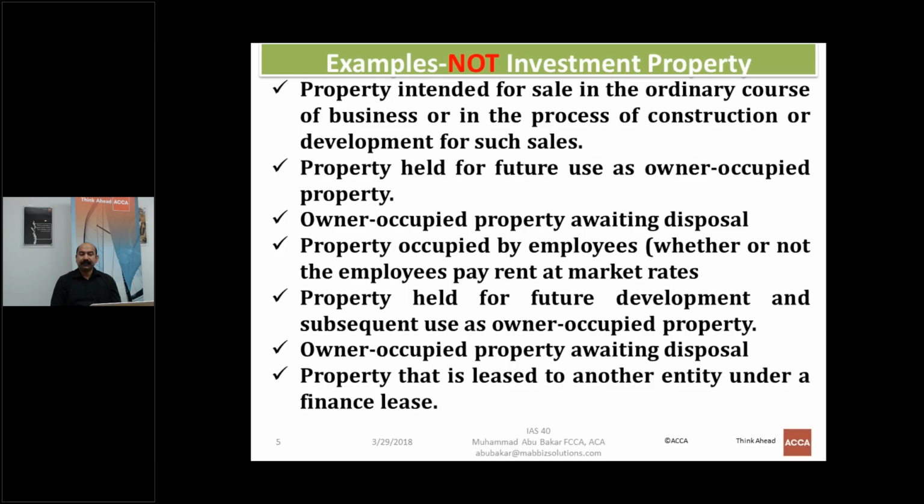Owner-occupied property awaiting disposal. Property that is leased to another entity under a finance lease. In the last slide, we saw the property which is leased to another party under an operating lease. That property will be an investment property.